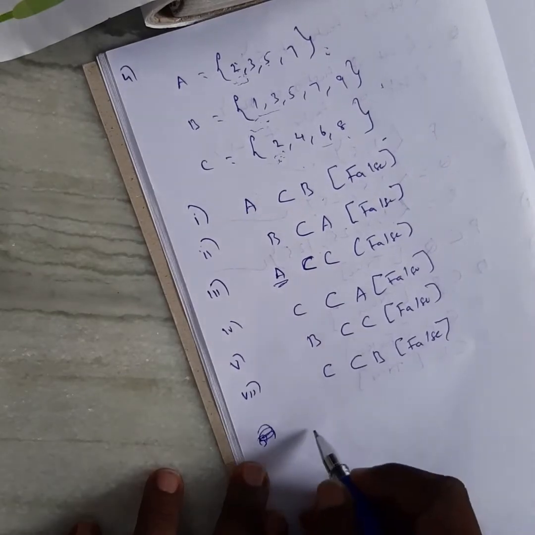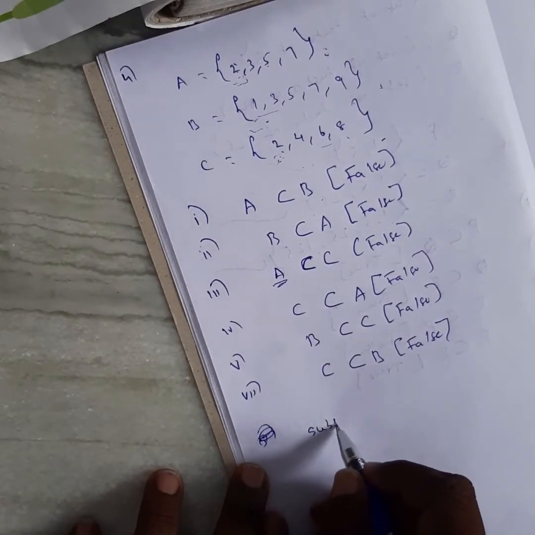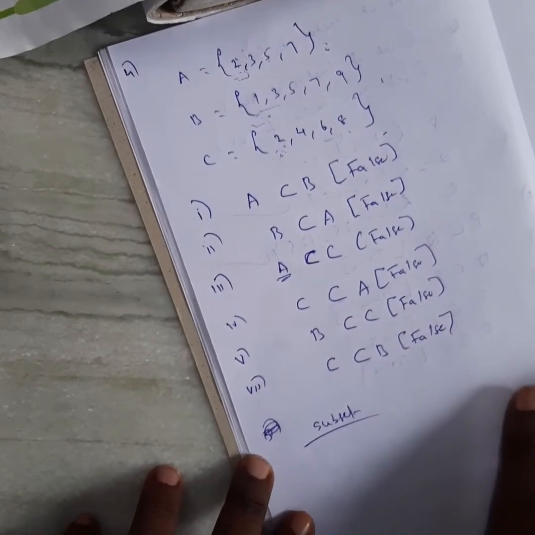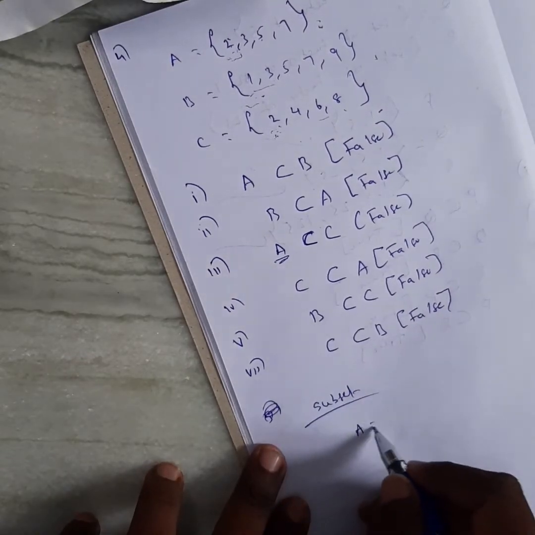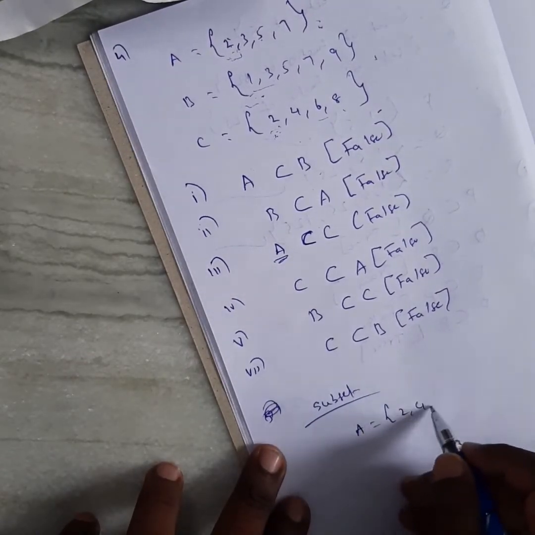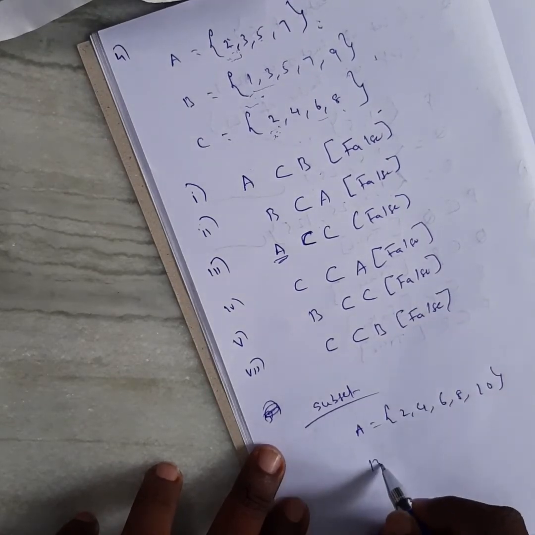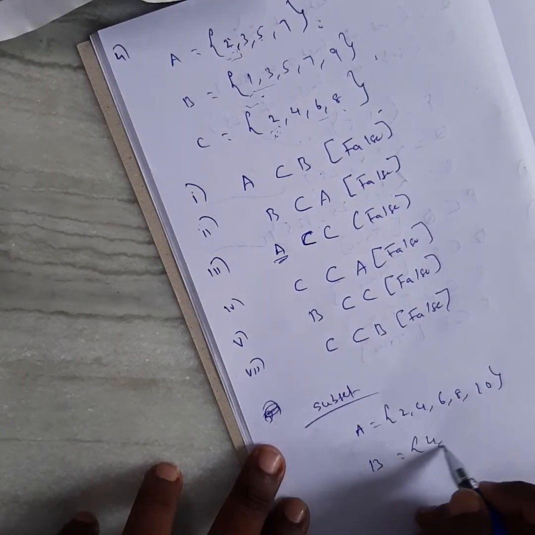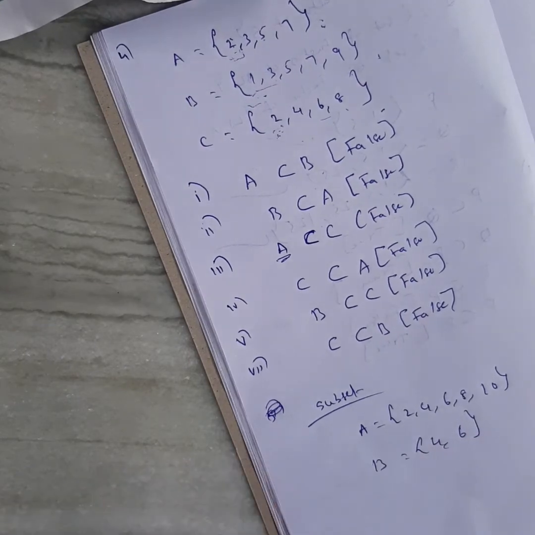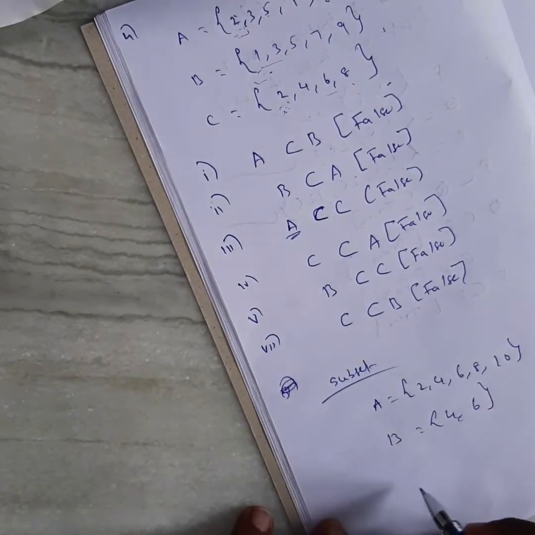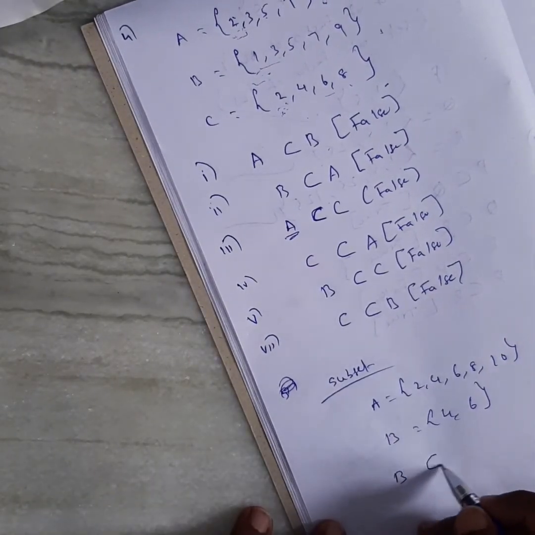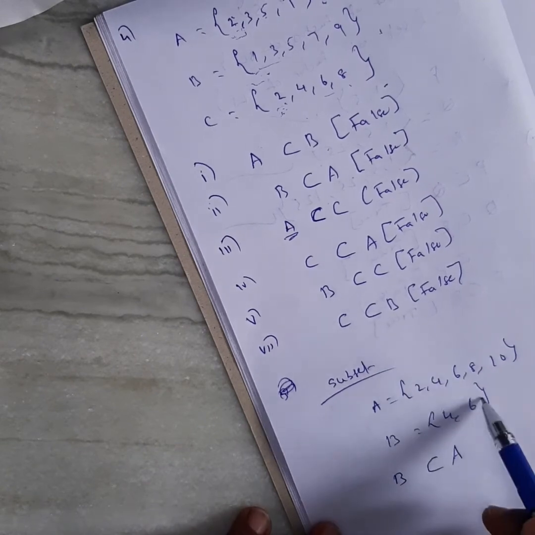Children, once more I am telling you the meaning of subset. Take two sets, one example: A is equal to 2, 4, 6, 8, 10, and B is equal to 4, 6. Here we say that B is a subset of A. Why?